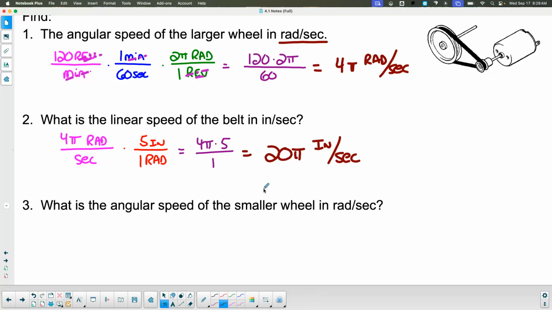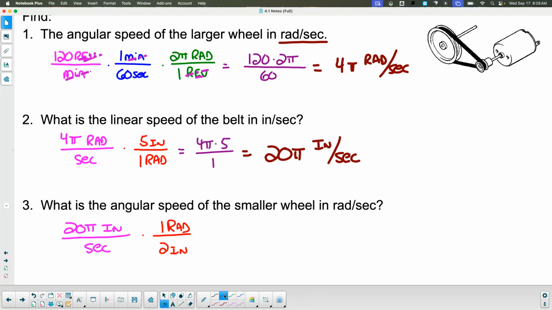Okay? So my angular speed here then, for the smaller wheel, I'm going to start with that it's at 20 pi inches per second. Now the smaller wheel is in a 2-inch radius wheel.